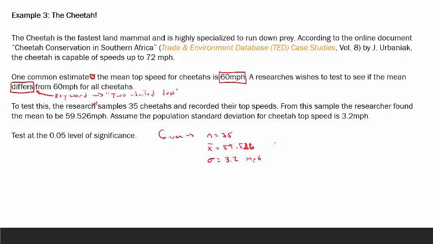Sorry about that. It says next, test at the 0.05 level of significance. So you're given alpha.